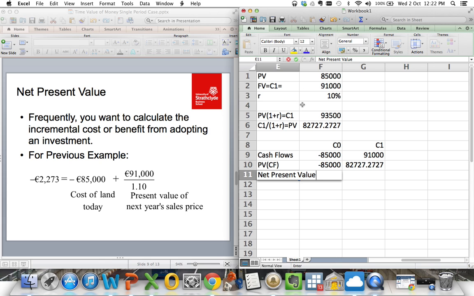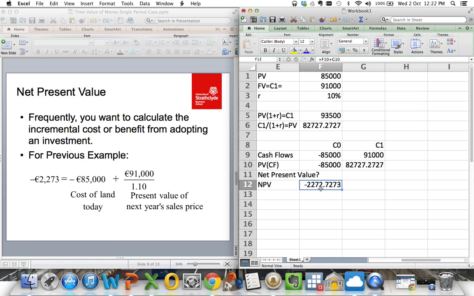Well, the net present value, and we'll call it NPV, is equal to minus 85 plus the present value that we get in year 1, and it's minus 2272.73. So given that is lower than the initial value, you would reject the project.